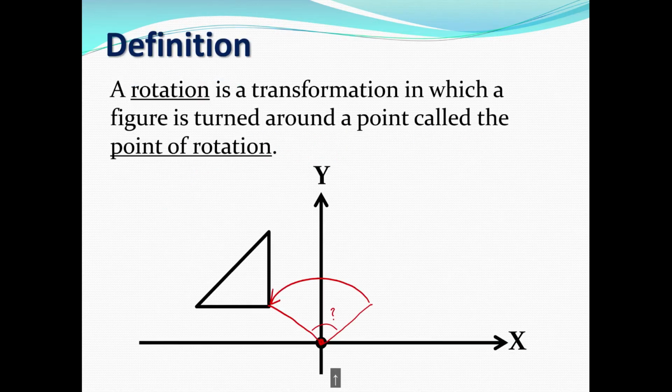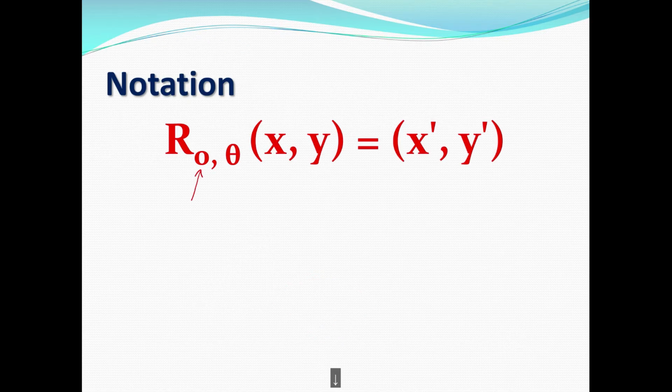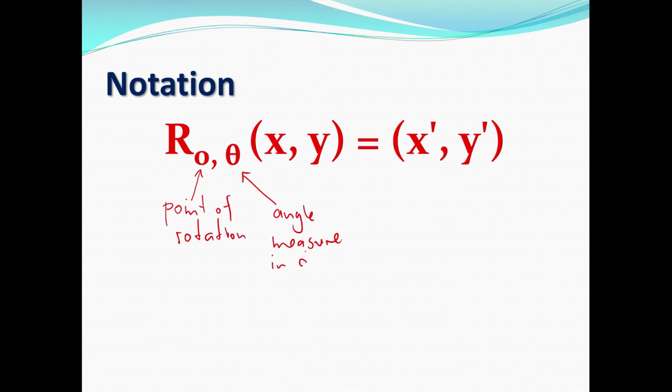So for example, if you go back to the definition, it's called point of rotation. So let me write this in. That's the point of rotation. And this one is the angle measure in degrees, okay? So we will use degrees here.